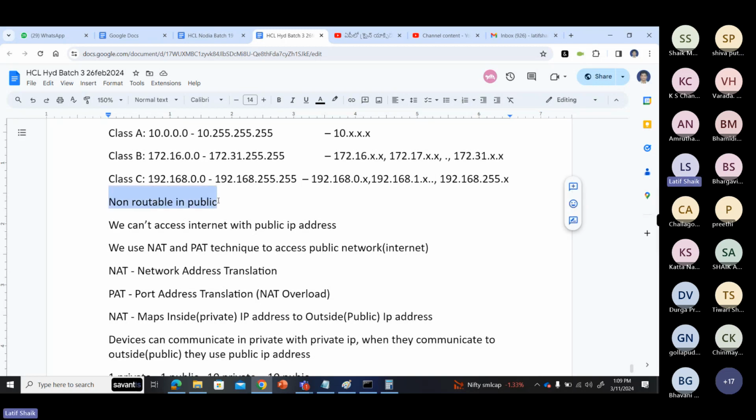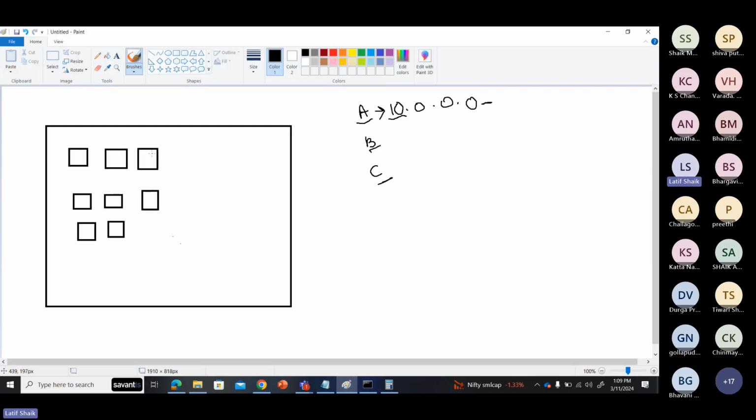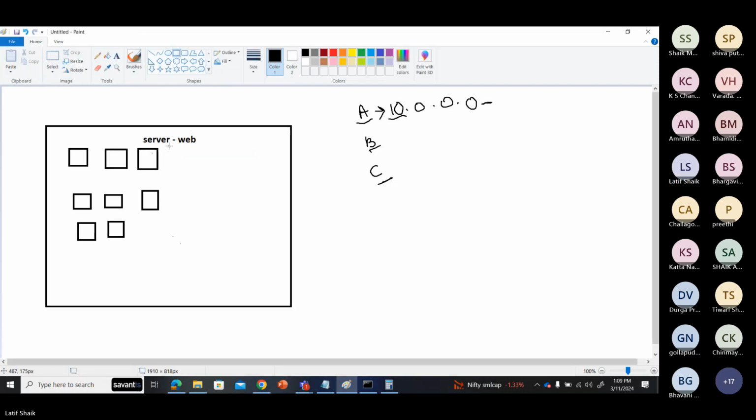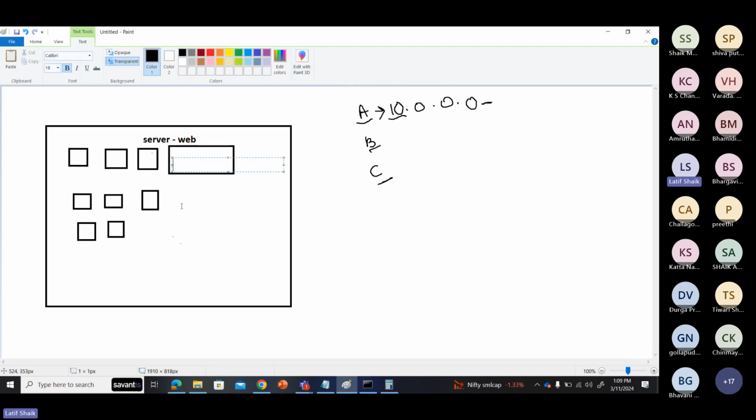So private addresses are non-routable in public. What is a private IP address? For example, I have a server, a web server, and I have a website on this web server. On it I assign a private IP, for example 10.0.0.22.